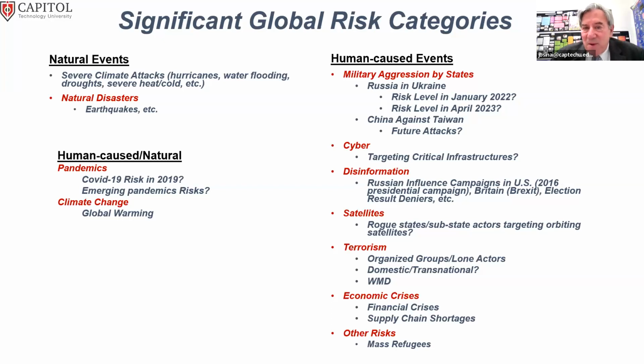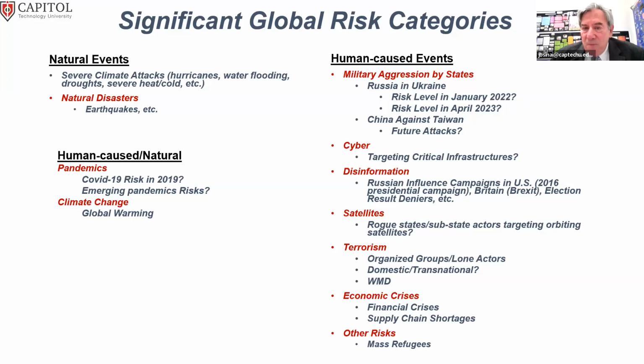Everyone is concerned about, in the cyber realm, rogue elements targeting critical infrastructures. Another major risk that is very significant is disinformation, which is also defined as malinformation or misinformation. So, as you know, there's been the risk of Russian influence campaigns in the US in the presidential campaign in 2016, so measures were taken in 2020 to mitigate it.